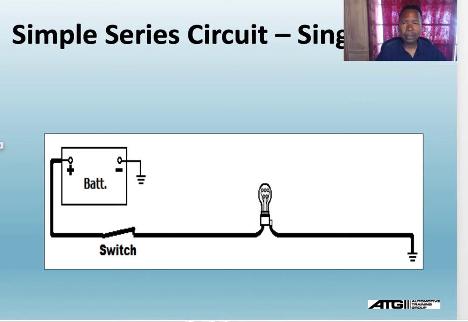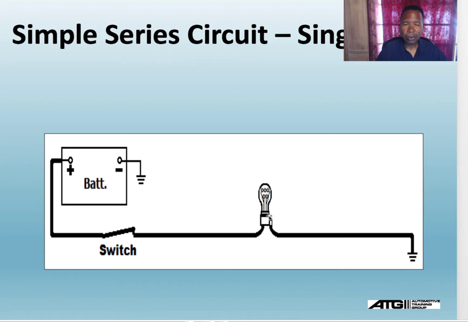Now look at this. This is a simple series circuit. I have my battery, conventional flow, positive and negative, electromotive force, voltage. It's going to push the current through the conductors, through the switch, through the load resistor to ground.